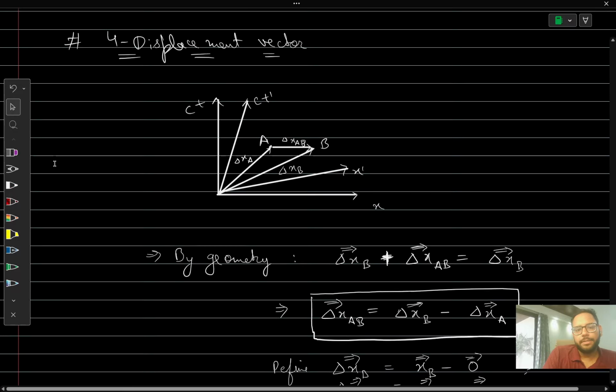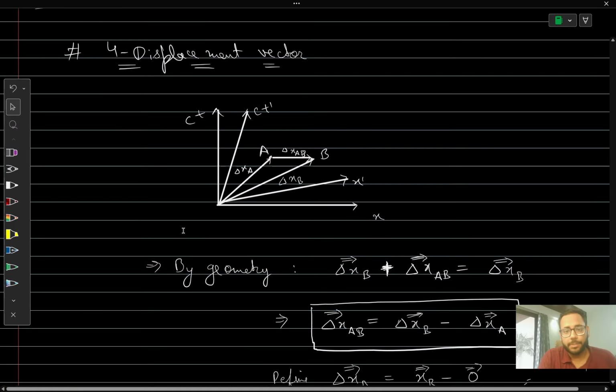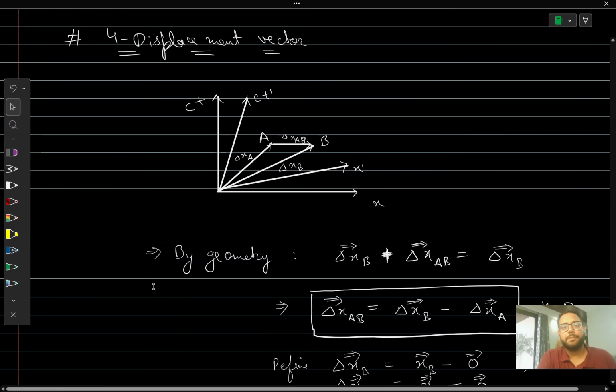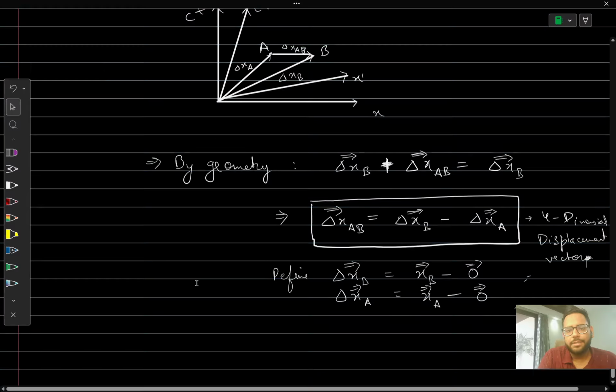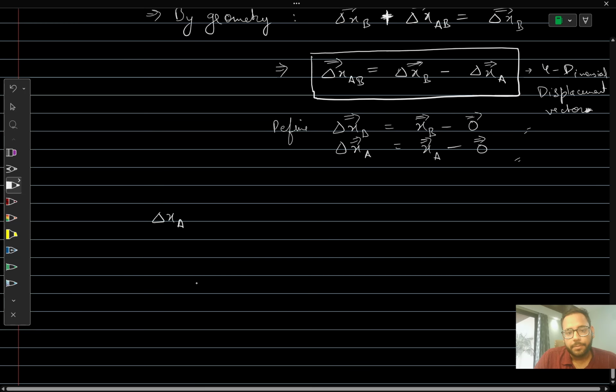There is no big difference between a four-dimensional displacement vector and a three-dimensional displacement vector. It's just that there is one more component, that is the time component, and of course one more basis vector. So suppose this is my 4 vector.